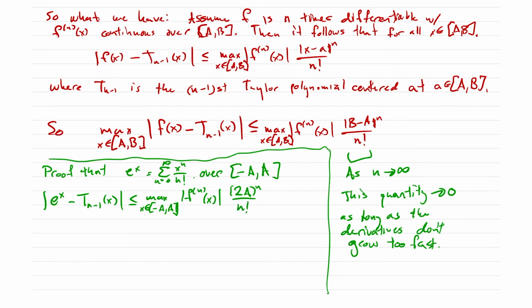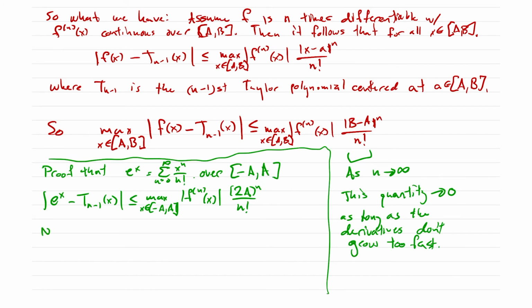Okay, so what we can see is that this term is always going to go to 0, because a to the n and 2 times a to the n is going to be outstripped by n factorial pretty quickly.